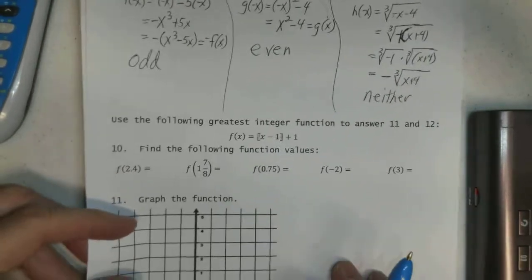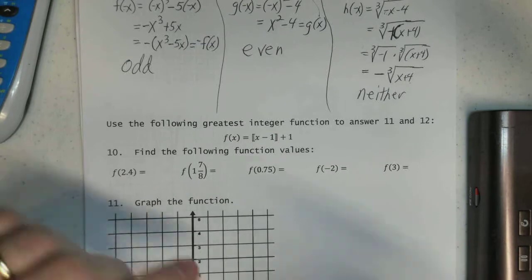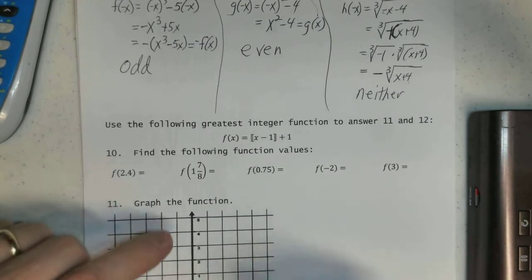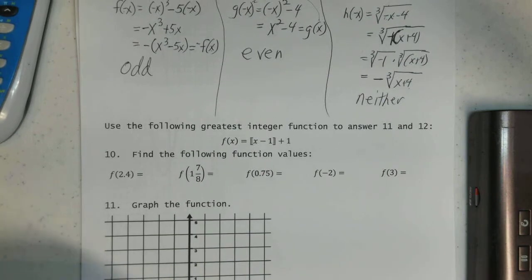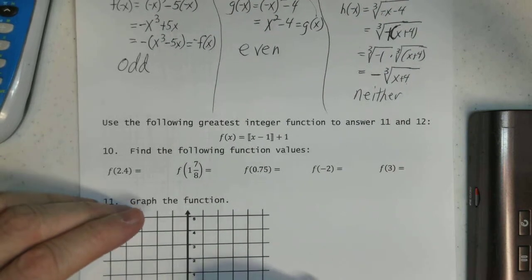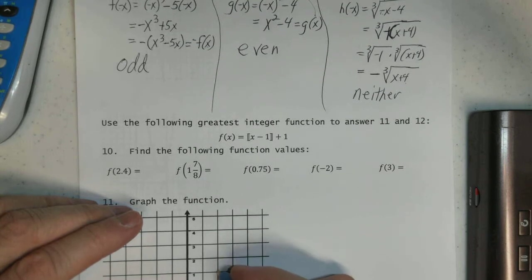Alright. What's this one going to be here? If you'll recall, I'm going to kind of lightly do this in green. And I go over 1, and I come up, go over 1.